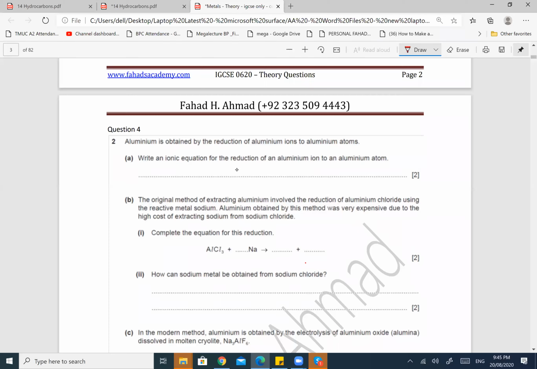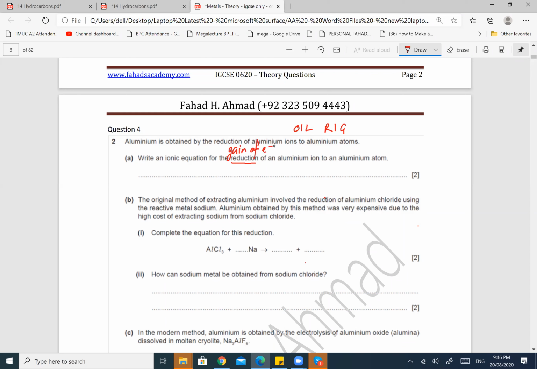Question number 4 is write an analytic equation for the reduction of, ये मैंने बार बार word use किया, reduction. I told you कि there's a thing called oil rig. इससे बस याद कर लो. Oxidation is loss of electrons, reduction is gain of electrons. So this is gain of electrons.